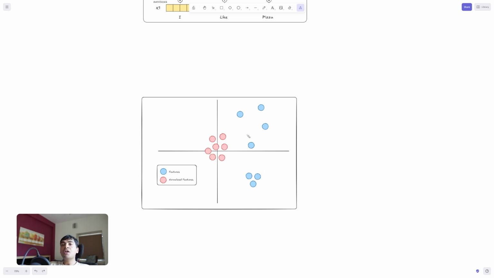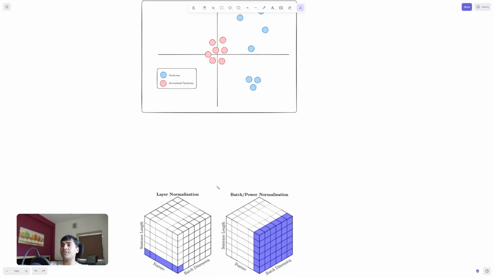But this is not desirable because this destabilizes our training, and normalizing basically centers them. We call it making the mean zero and the standard deviation one, and that is what is happening. So we try to center all our information around the center, and this stabilizes training and helps us converge to minima faster, and that is why we normalize them as well.